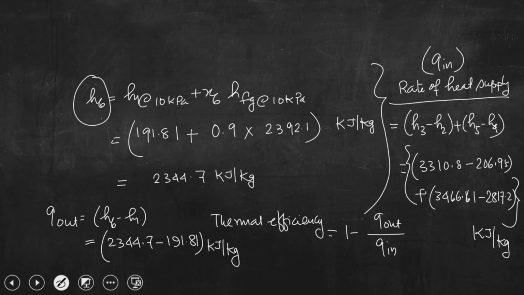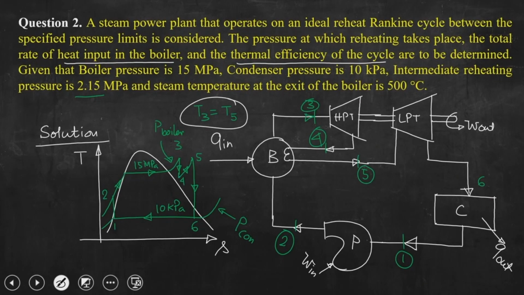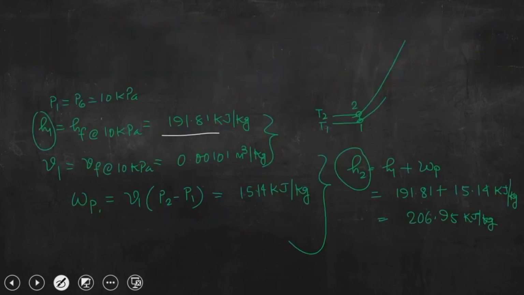If we plug in the values of Q in and Q out in this expression, we get efficiency equal to 0.428. That means efficiency is 42.8%. To summarize, in this problem we needed to calculate the heat input and the thermal efficiency, but to calculate thermal efficiency you also had to calculate heat output.